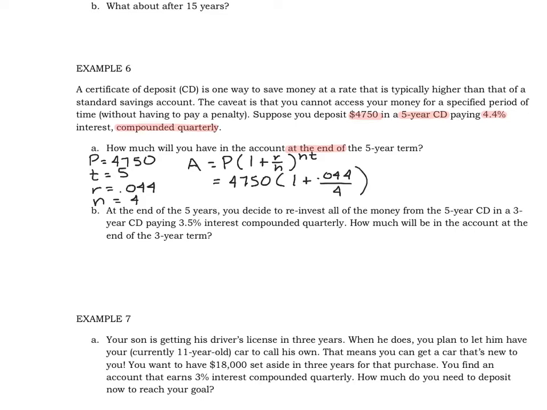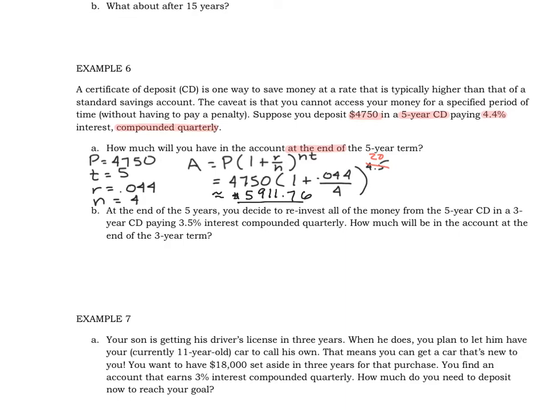And then 4 times 5 will be our N times the T. Okay, let's go ahead and multiply that together. All right, so when I put this in my calculator, I will get $5,911.76. Okay, that's what they asked for.